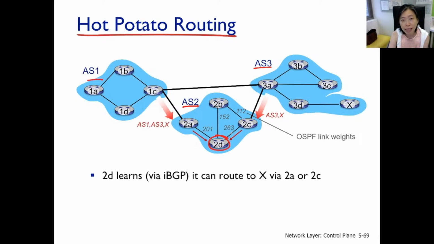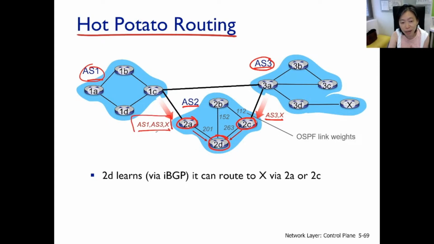So the router now in the limelight is 2D. 2D here actually sees 2 AS paths. One AS path is coming from 2C. 2C is the gateway router connecting to AS3, from which it receives a path to X: AS3, X. 2A is the gateway router connecting to AS1, where AS1 is passing another AS path to AS2.